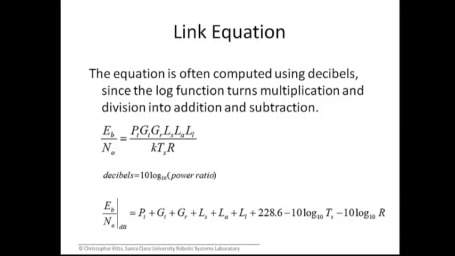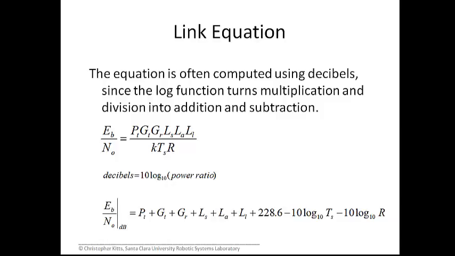Before we go through where that equation comes from, it's worth noting that in addition to the form that you see there at the top, which is the ratio form with all my terms multiplied or divided by each other, oftentimes we use this notion of decibels and we convert this equation. We apply the decibel conversion to it. And when we do that, that log 10 function in the definition of decibels will turn multiplication and division into addition and subtraction.